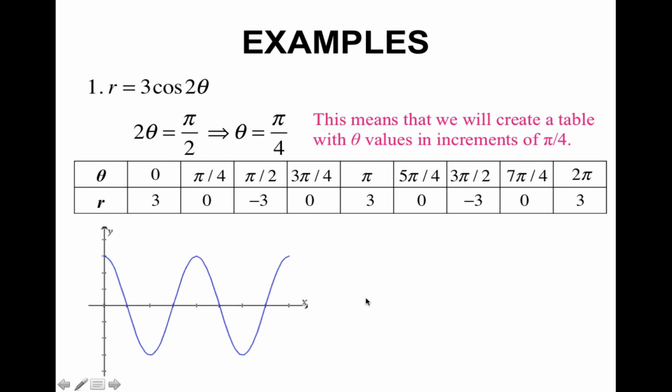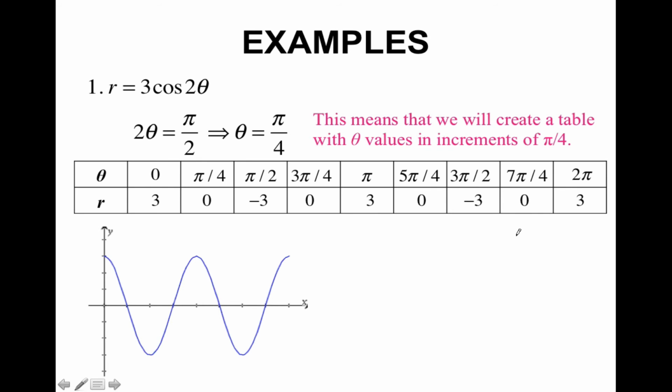Now here comes the tricky part, translating this into our polar coordinate grid. So I'm going to attempt my best to do this by hand on the computer, so bear with me.